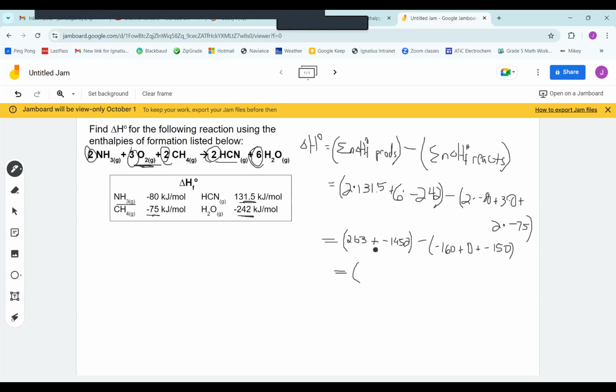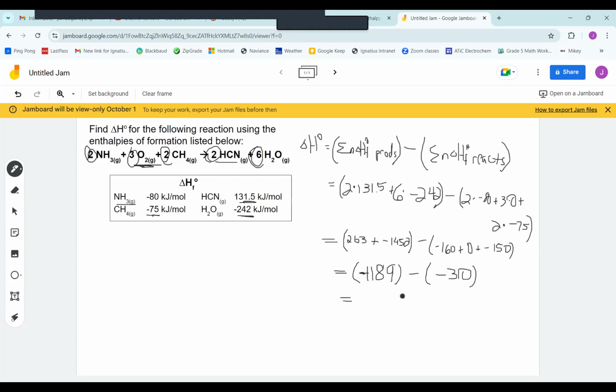Then we'll add together the numbers in the parentheses. 263 plus -1,452, that's -1,189. And then the other set of parentheses, -160 plus 0 plus -150, that's -310.